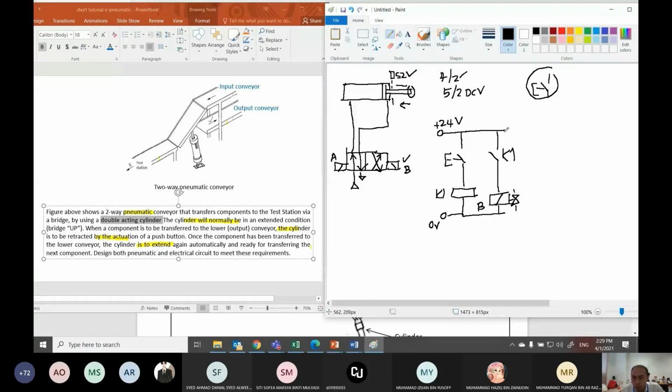Okay. So apa yang boleh kita buat kat sini, kita tambah sensor S2, sensor yang sama, cuma simbol dia lain lah.